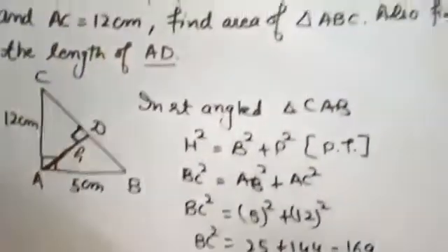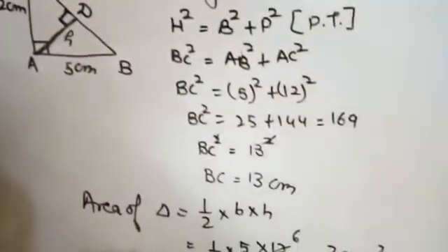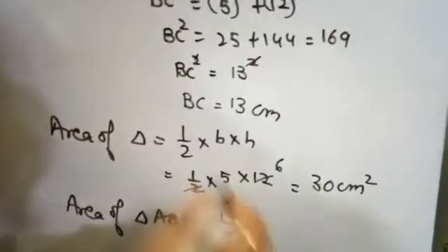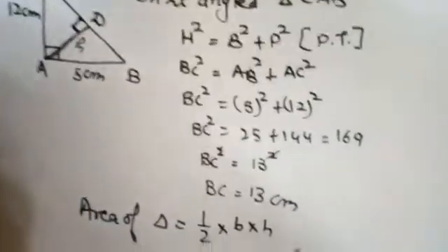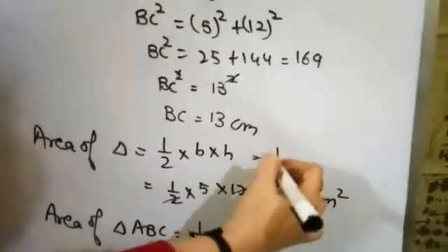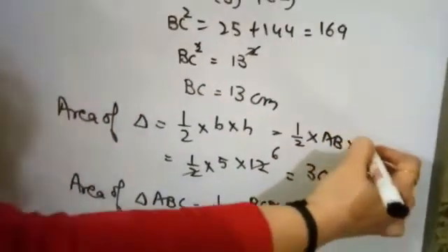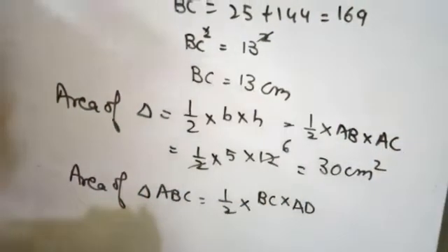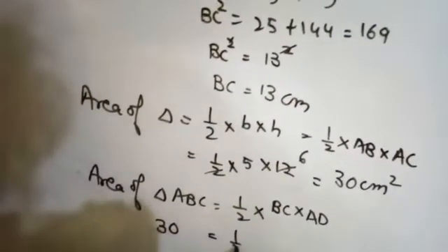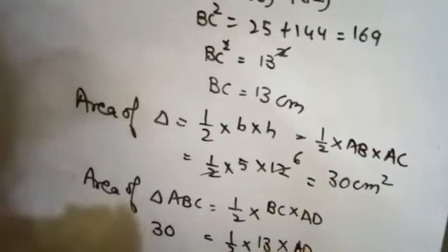To find the length of AD, my dear students, we'll apply again area of triangle ABC. As we all know, half into base into height. This time base we are taking BC and height we are taking AD. Earlier you had taken the base AB and the height AC. Now the triangle is same, area will remain same. 30, base BC we have taken out 13, and AD we have to find out.